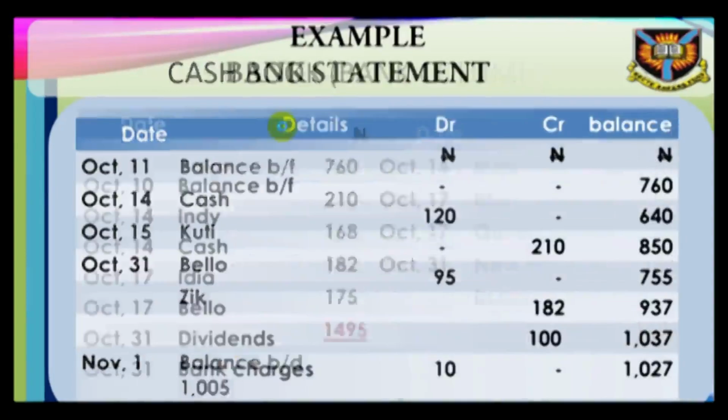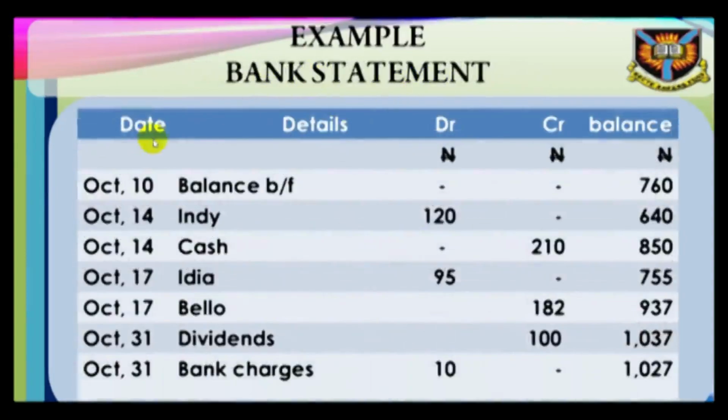Example of a bank statement. 10th of October, balance brought forward 760 naira. 14th of October, Indy, a debit of 120 naira, and that gives us a balance of 640 naira.